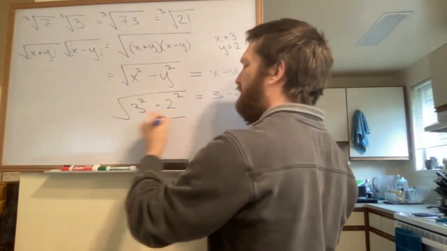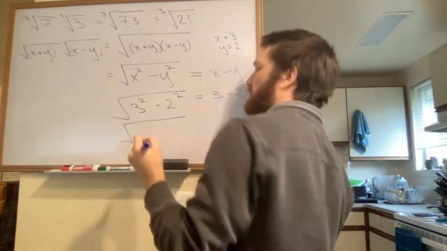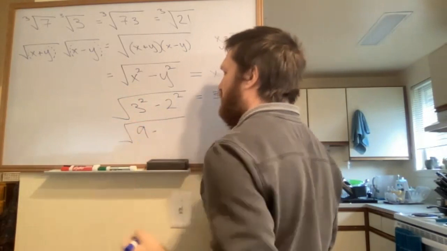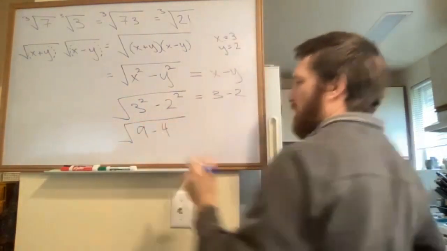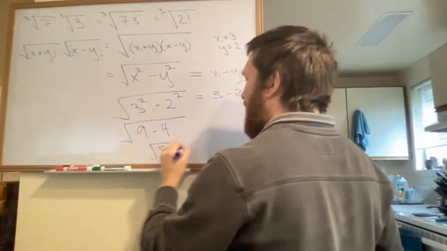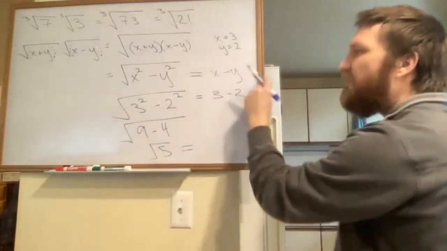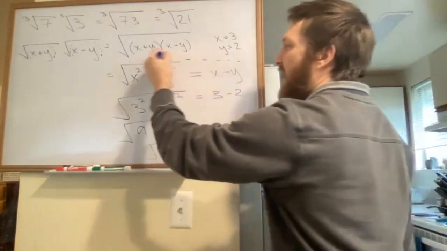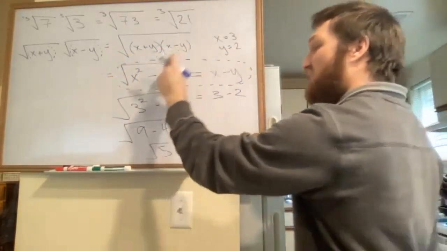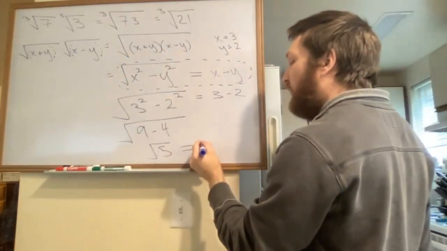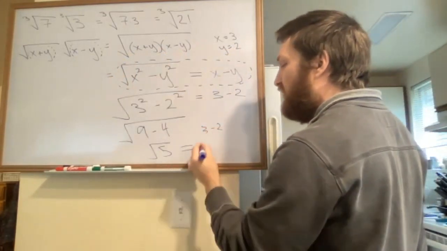What's 3 squared? 9. What's 2 squared? 4. What's 9 minus 4? 5. If this were true, which it's not, it would say that the square root of 5 is equal to 3 minus 2, which is 1.